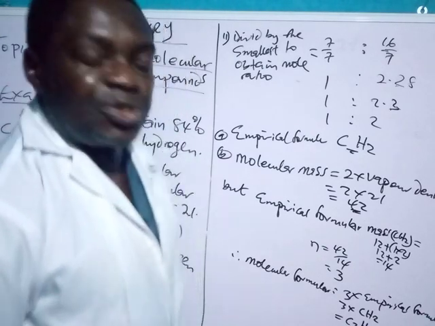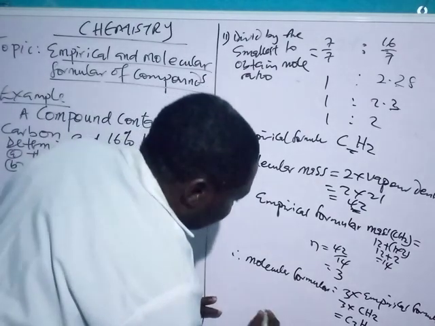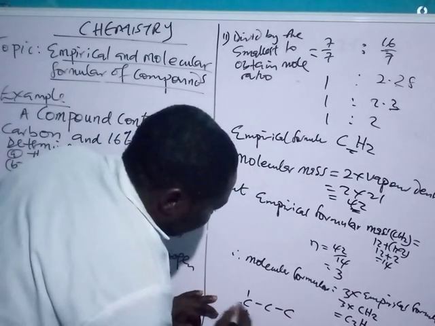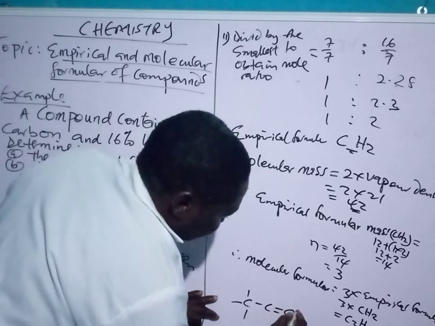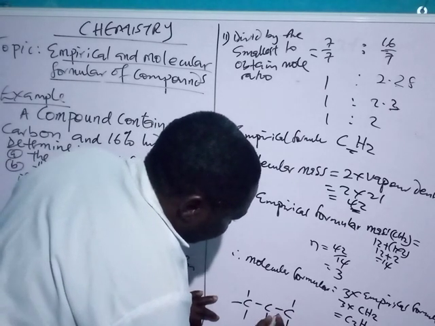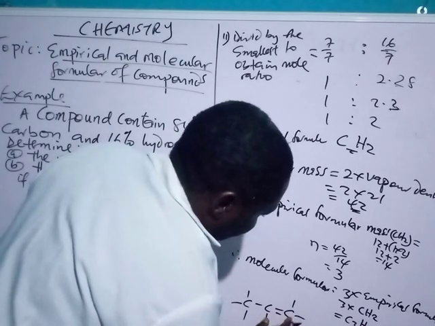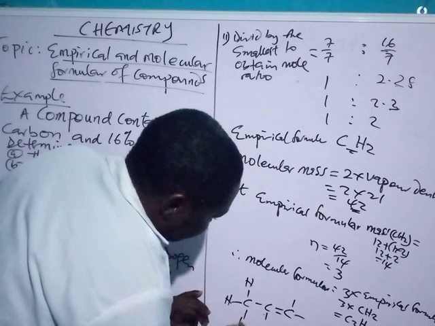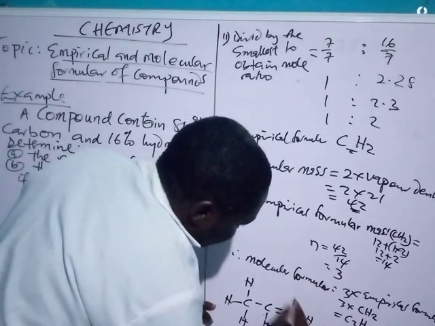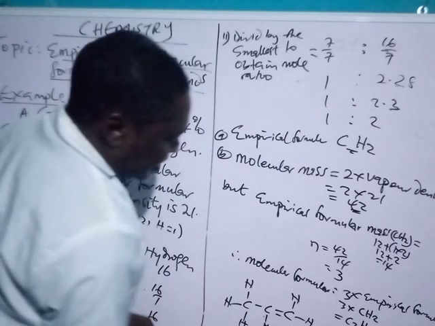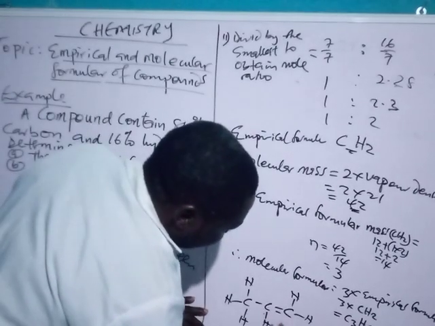Then we can also draw the structure of this compound. It has 3 carbons. You have something like this. Okay. 1, 2, 3, 4, 5, 6. So this is the structure of this compound, and the name of this compound is prop.